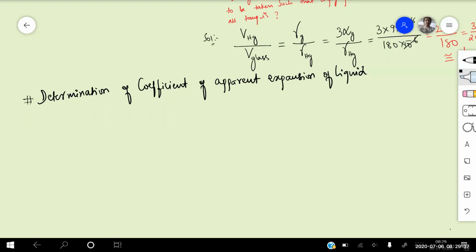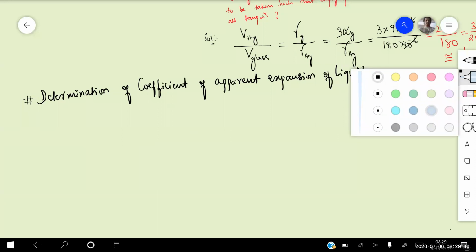Okay, determination of the coefficient of expansion of a liquid.